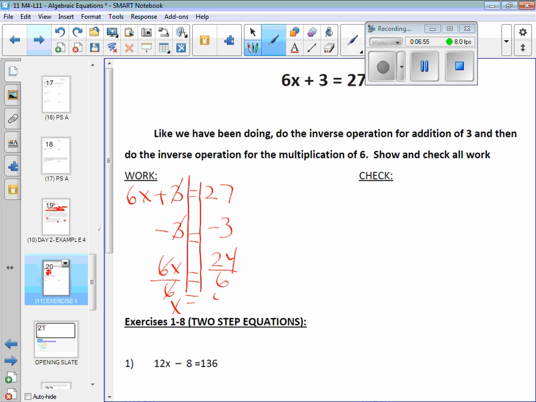Now we've got to check it. Write the original: 6x plus 3 equals 27. What gets subbed in for x? Out loud, everybody. 4. Now what?